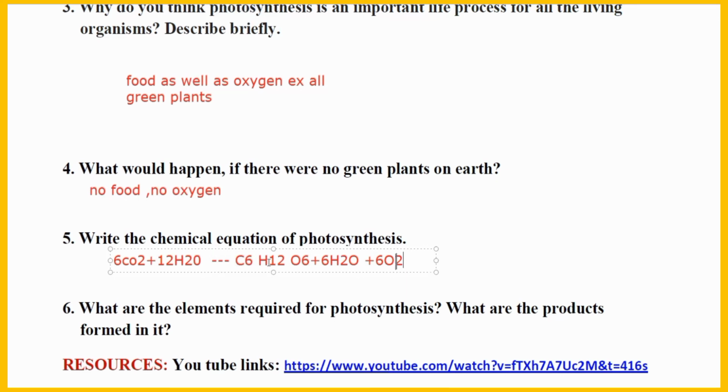Here light and chlorophyll should come. Next, what are the elements required for photosynthesis? What are the products formed?